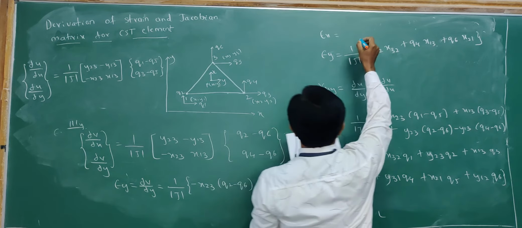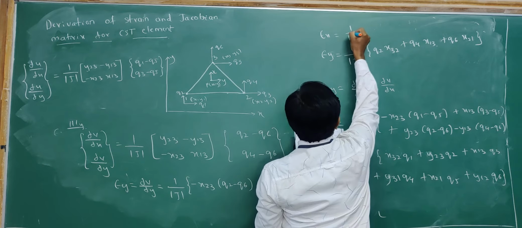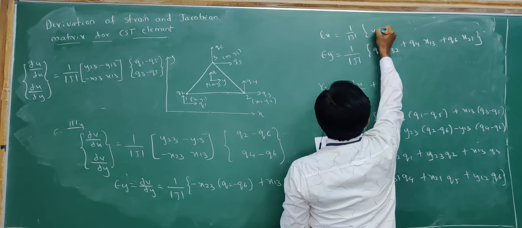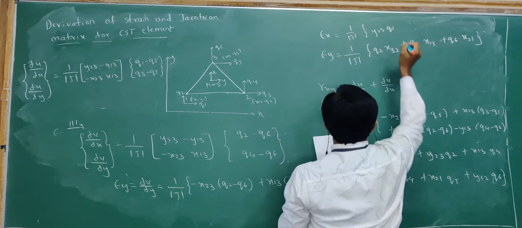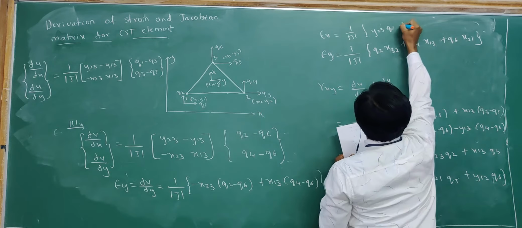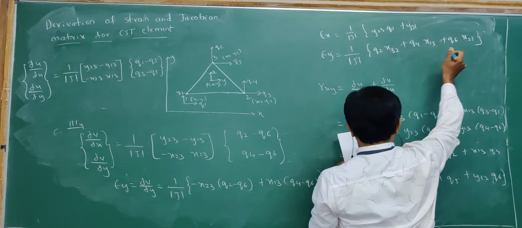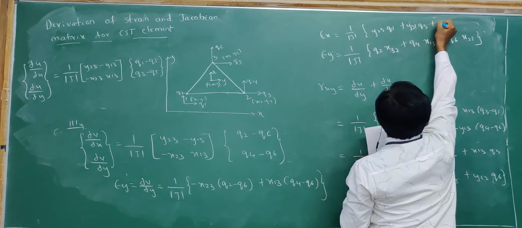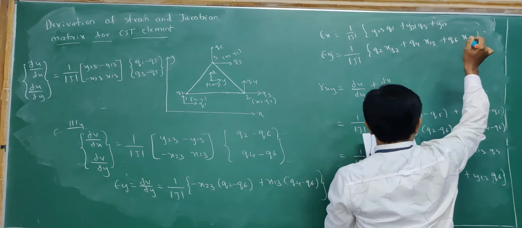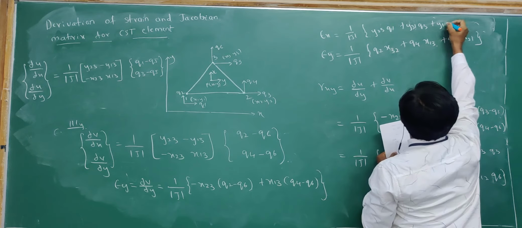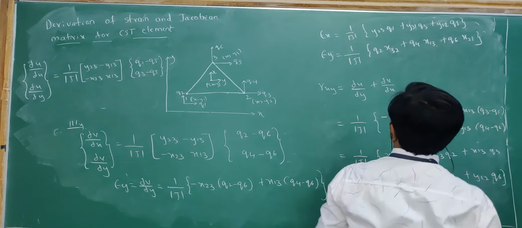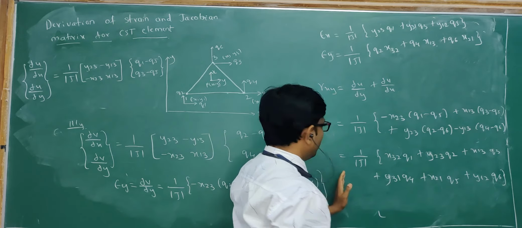So it is 1 upon determinant J into y23 q1 plus y31 q3 plus y12 q5. So this was the equation. This is epsilon x, epsilon y, and this is gamma xy.